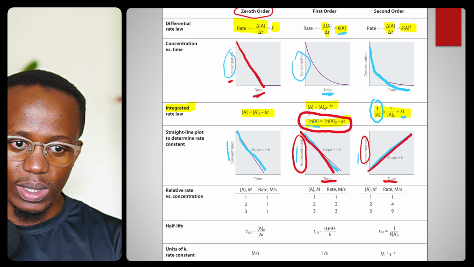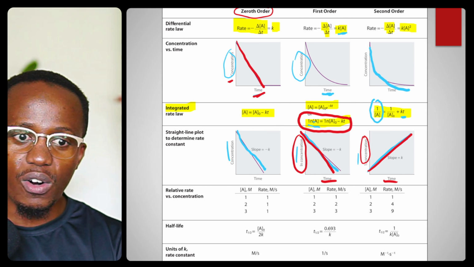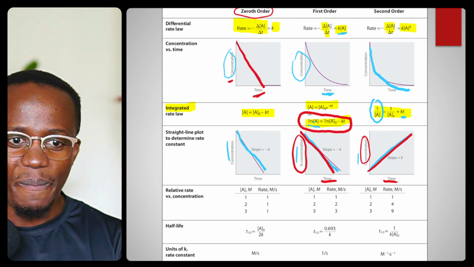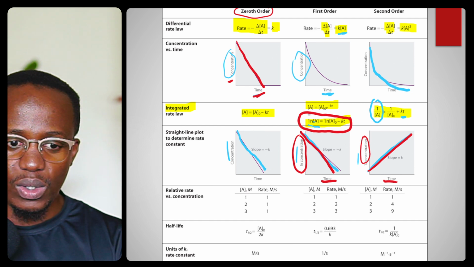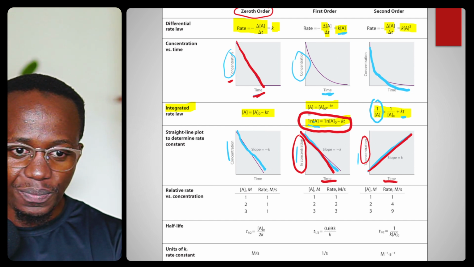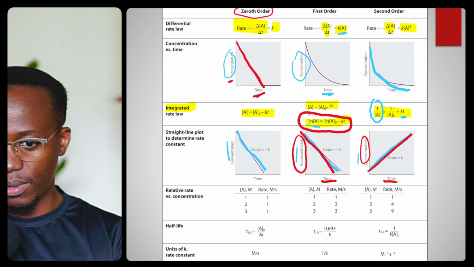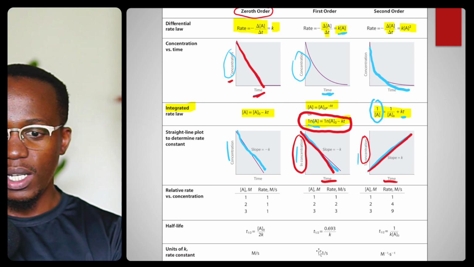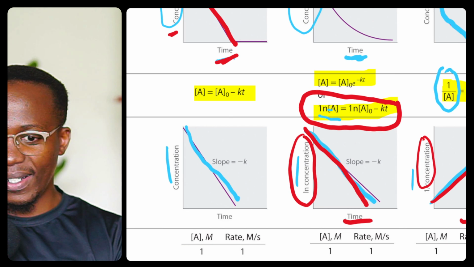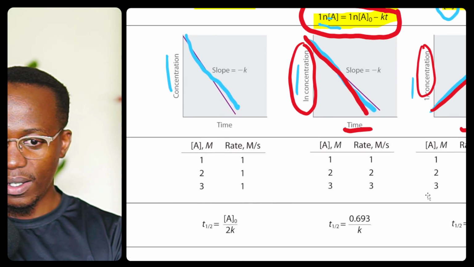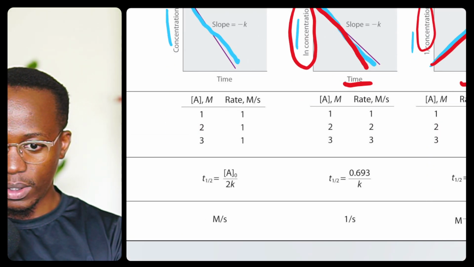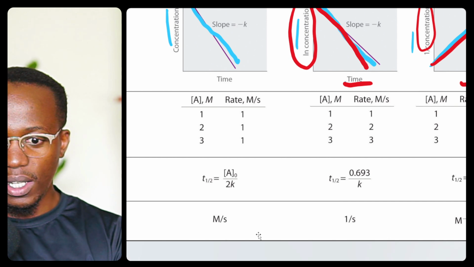So that's why we use another method called the method of initial rates. The initial rates method is actually on this table. I love this table, man. So check this out, right?